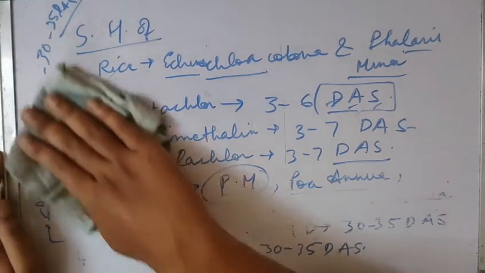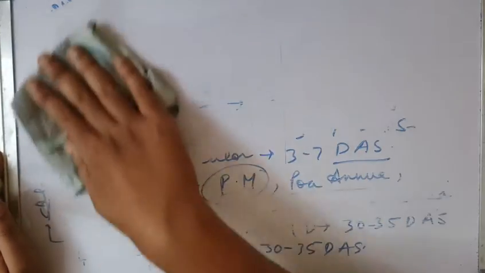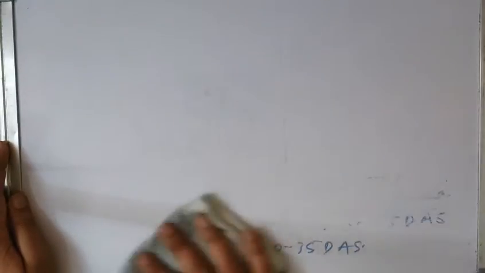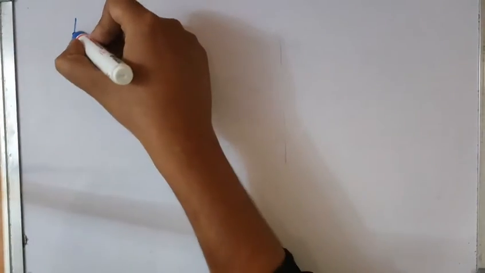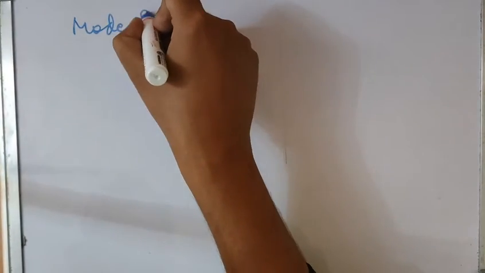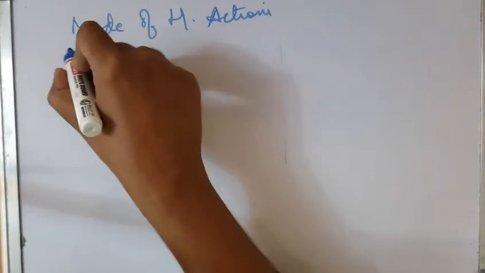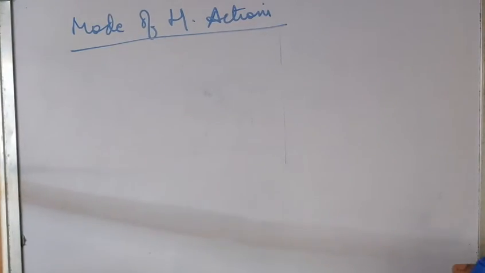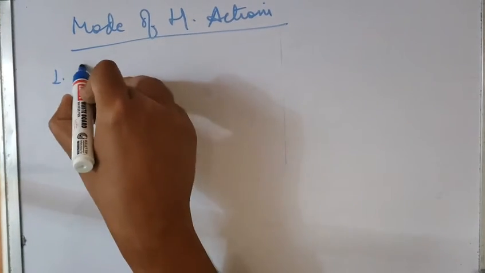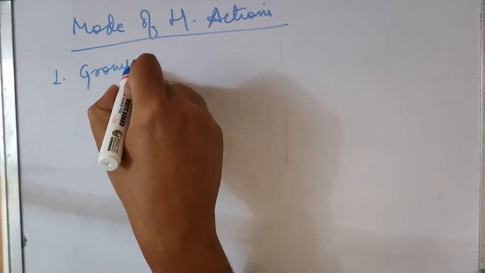Now moving on to the next topic, that is mode of herbicidal action. How herbicide acts, mode of herbicidal actions. First of all, that is growth regulators.